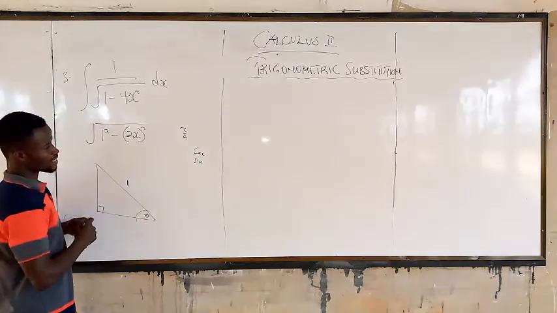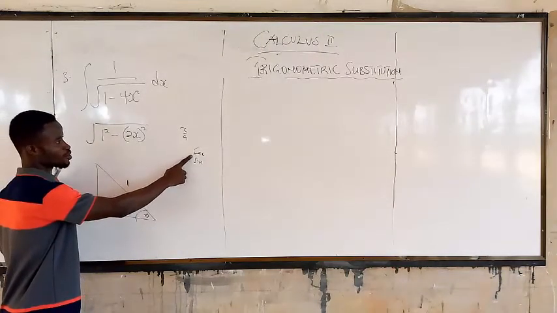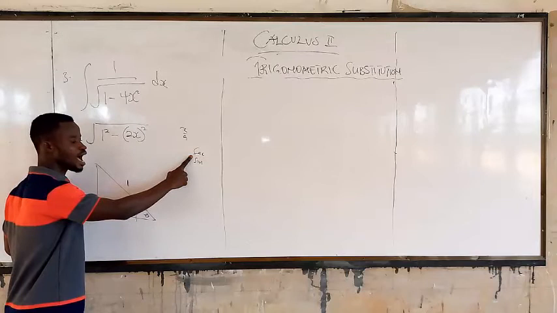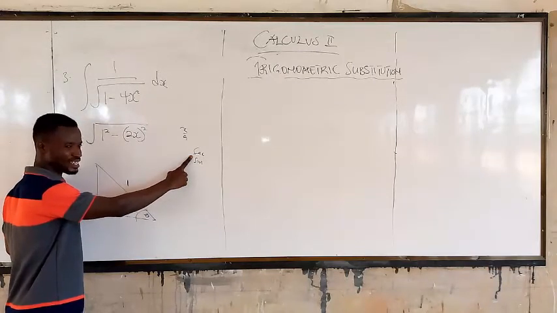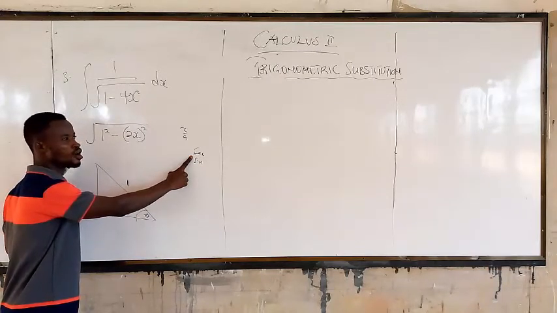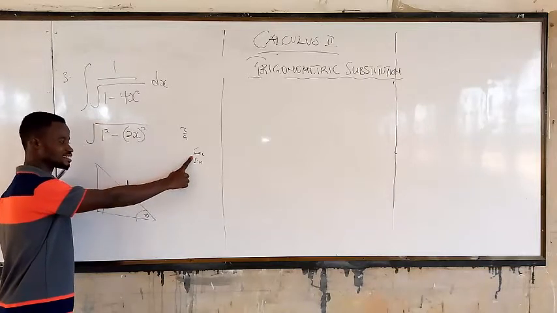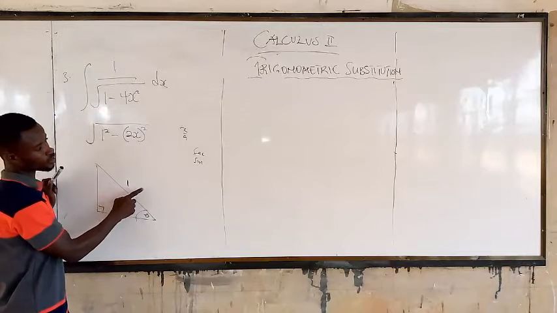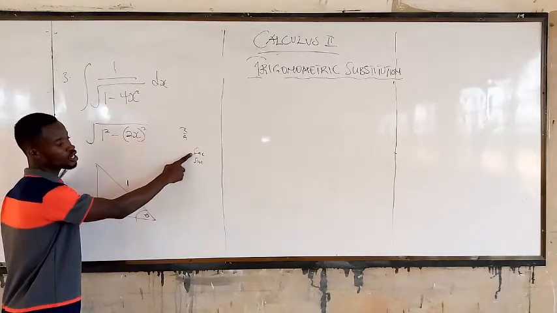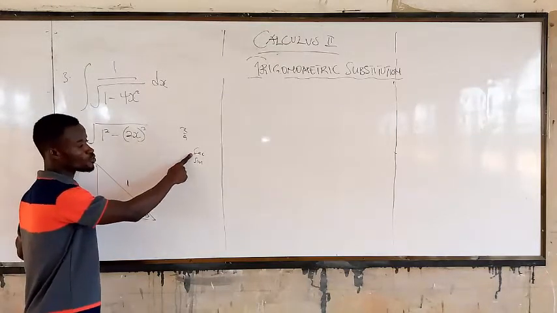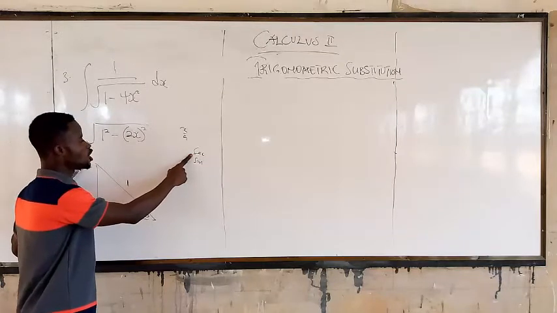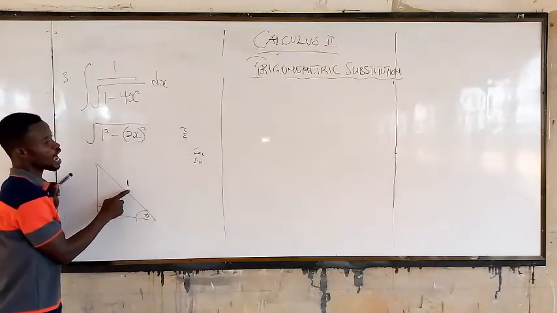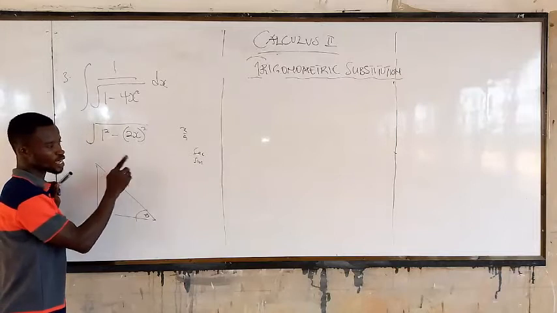We can see that sec is the hypotenuse over the adjacent, which is failing here because the hypotenuse here is a constant, so failed.